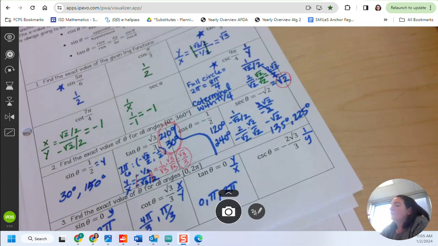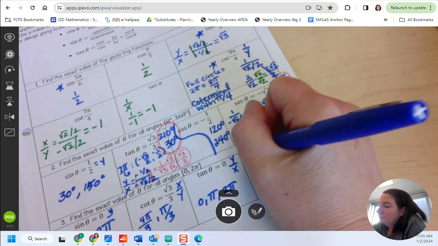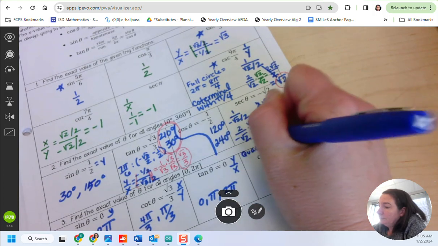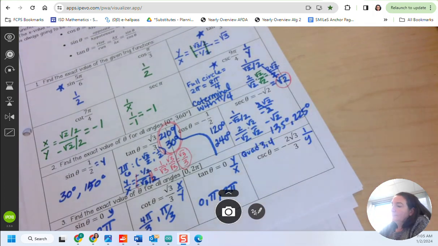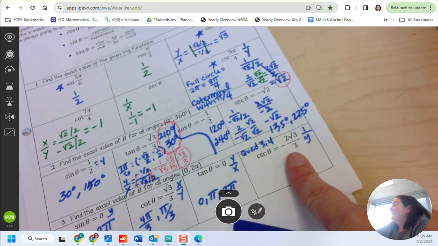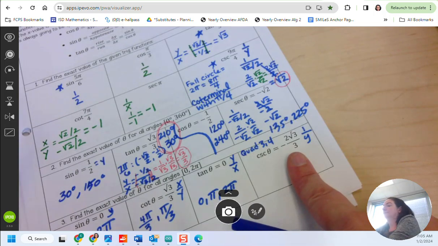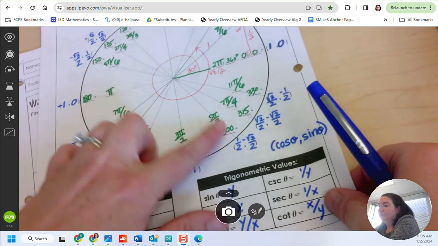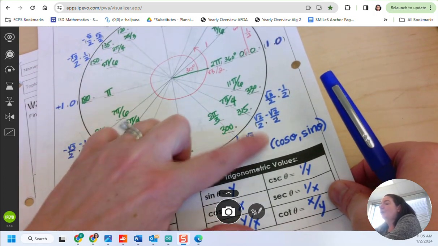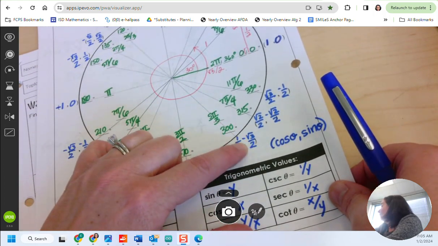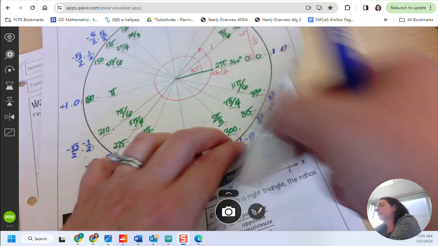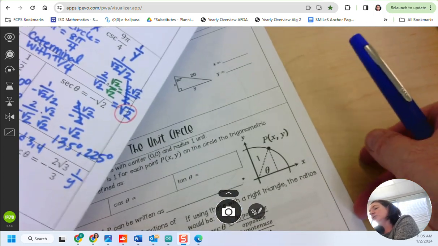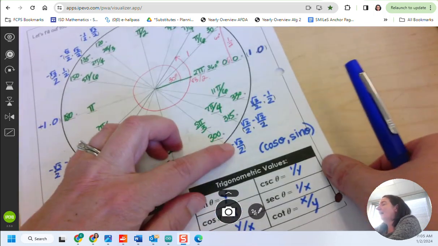So we're looking in quadrants 3 and 4. And we're looking for an angle where 1 over y might give us this. Let's find something that we want to try. Do you think that 1 over y might be a number whose reciprocal would give us negative 2 root 3 over 3? It's worth trying, right? Because it has the root 3 in it.